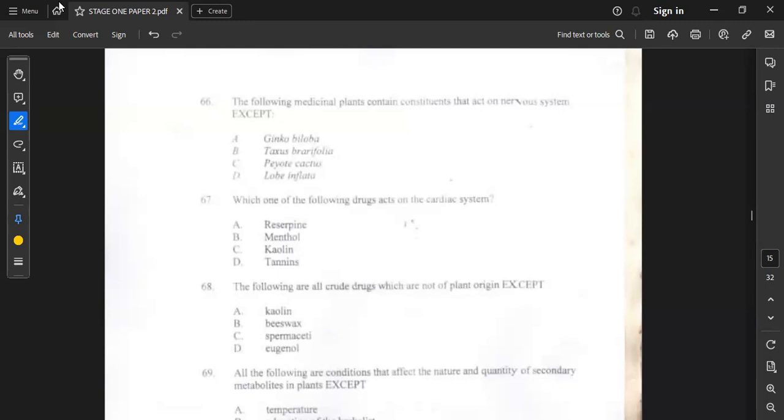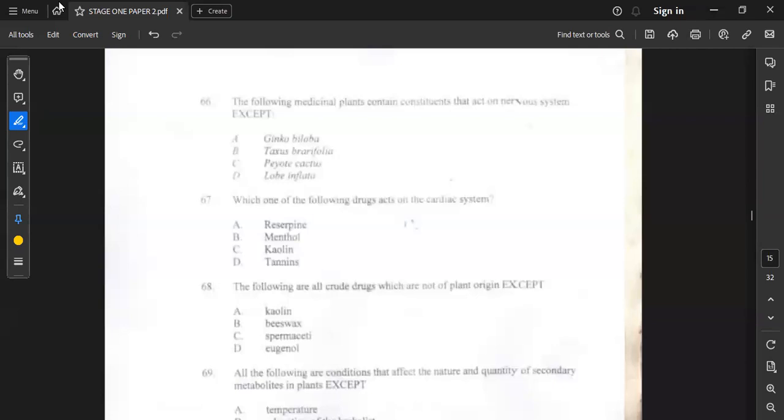Taxus brevifolia is the one that gives us the drug for breast cancer. What's that drug called? Paclitaxel, and the drug for breast cancer, tamoxifen. Is it tamoxifen? I'm not sure.